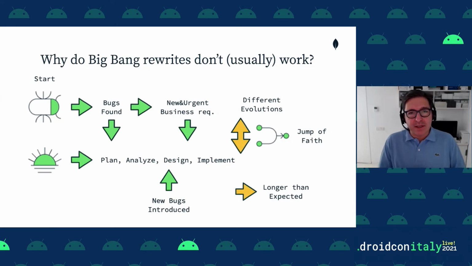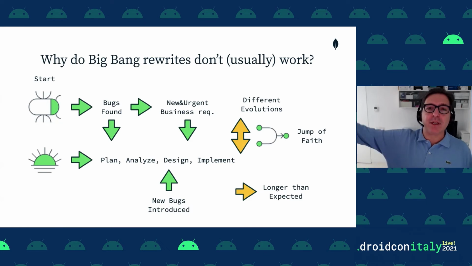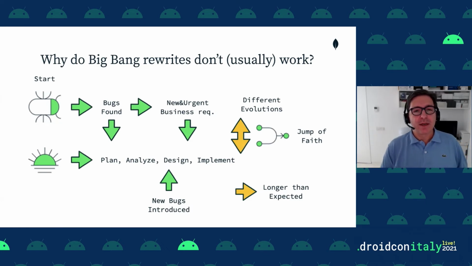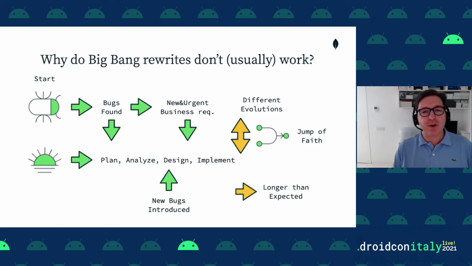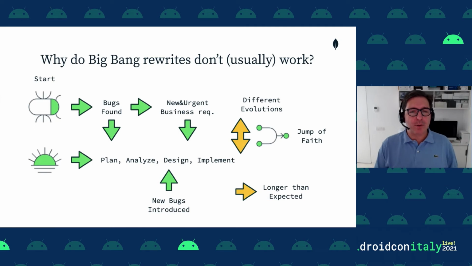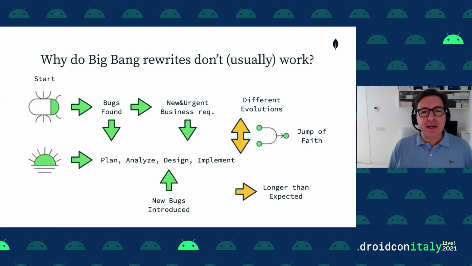I mean, there is also this big bang deployment that you have to do, because you have to switch off the old application to avoid users using it and have them use the new one, which is challenging. And as Joel Spolsky, who is a very well-known and very respected developer in the community, said, the single worst strategic mistake that any software company can make is big bang rewrites.